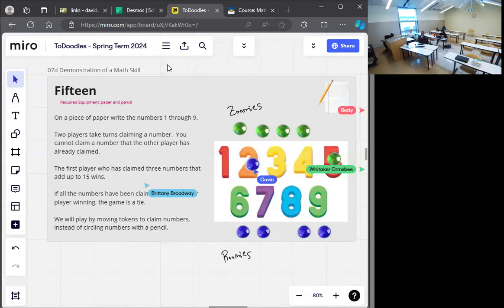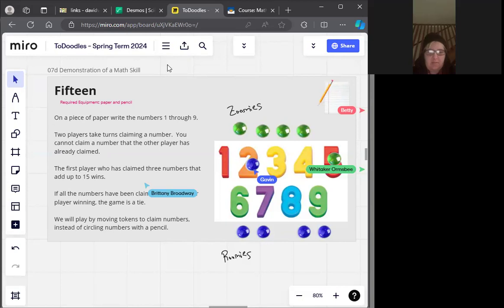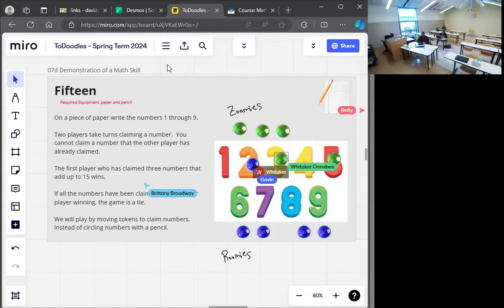Okay, back to the zoomies, you get a second number. What about 3? Yeah, I agree. So 5 and 3 is 8. If the zoomies get 7, they will add up to 15.